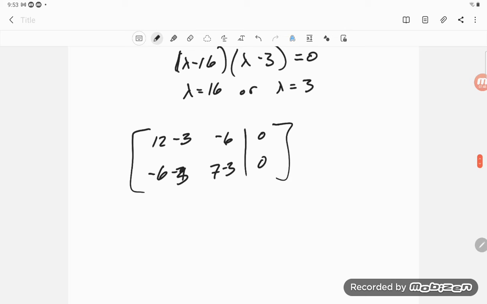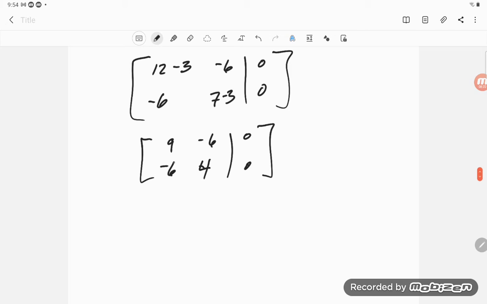And that augmented matrix then becomes 9, minus 6, 0, minus 6, and a positive 4 and a 0.